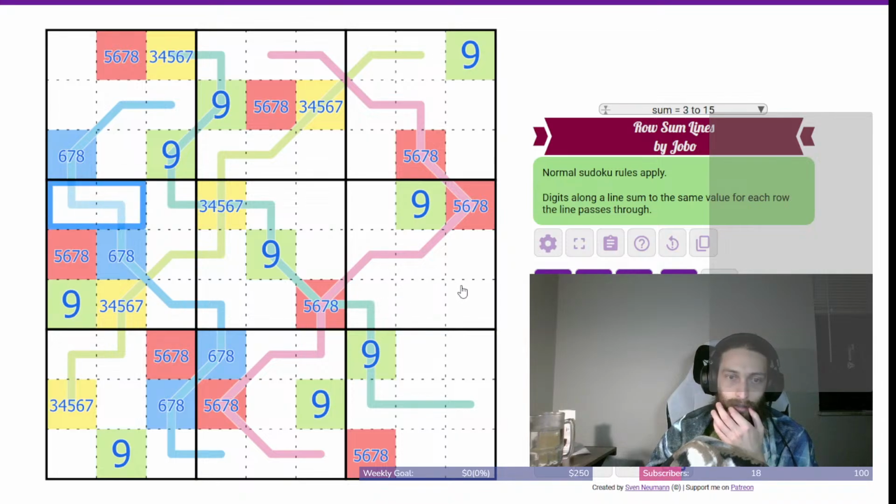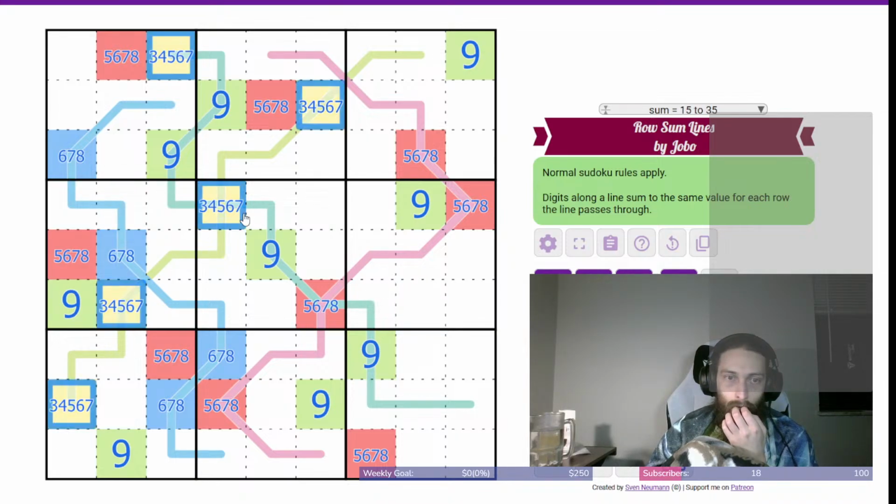Yeah, 3, 5, 8. Okay, yellow cannot be 7, because to add to 9, it would have to have 2 ones. Right.